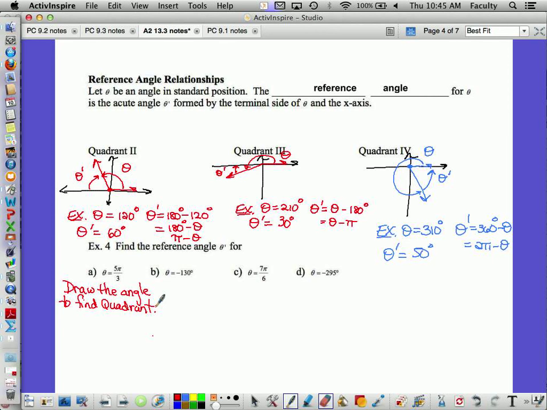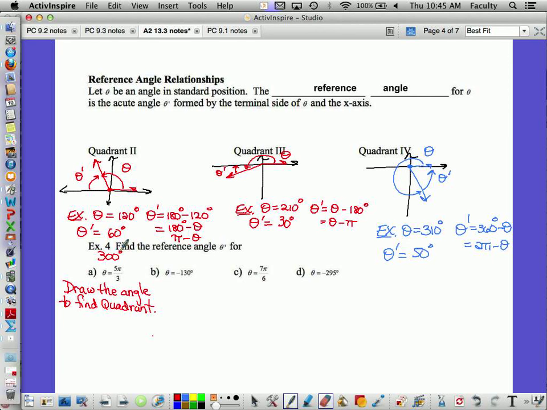And let me give you a little trick here, a real helpful thing. If you look at 5 pi over 3, cover up the 5, and that's really pi over 3. How many degrees is pi over 3? 60. So I have 5 times 60, which is 300 degrees. So if you have pi over 3, pi over 4, pi over 6, know that those are 60, 45, 30 degrees, and just multiply by that other number.